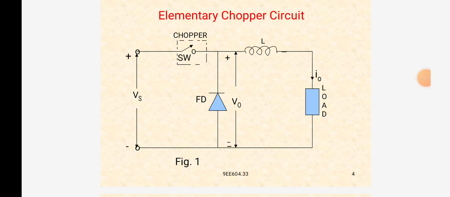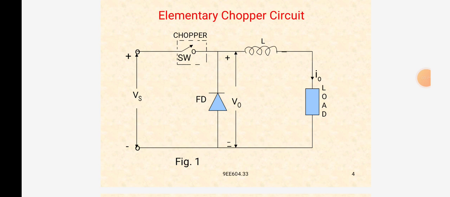Hence, a chopped voltage is obtained from a constant DC supply. For low and medium power ratings, transistors are used as a switch, while for high power applications, thyristors are used.